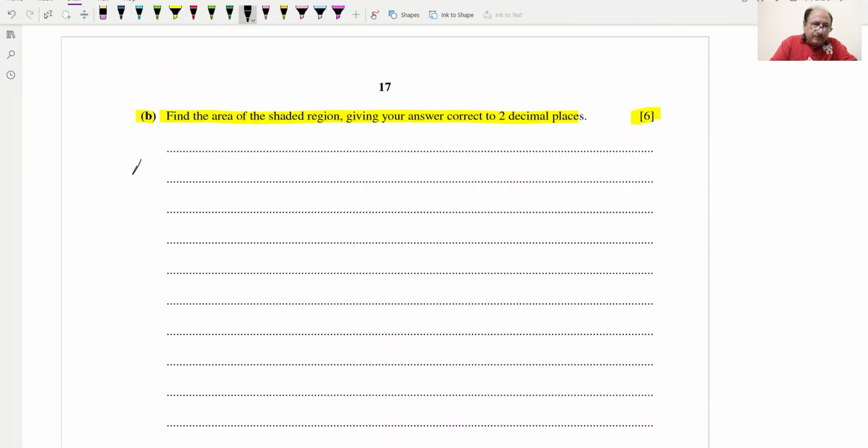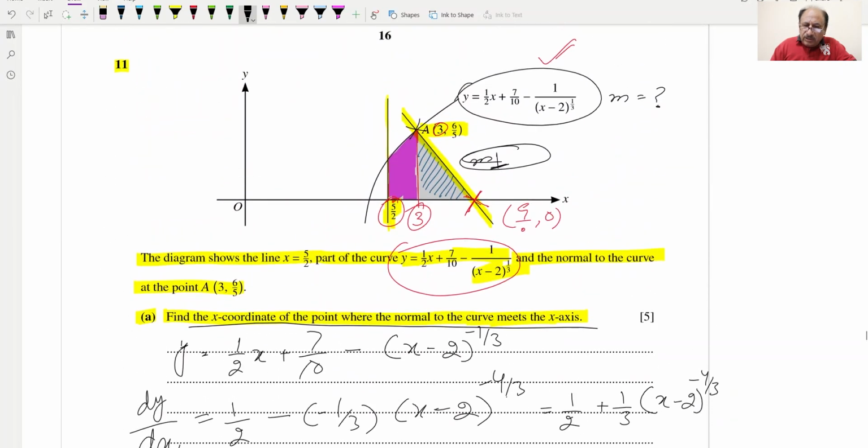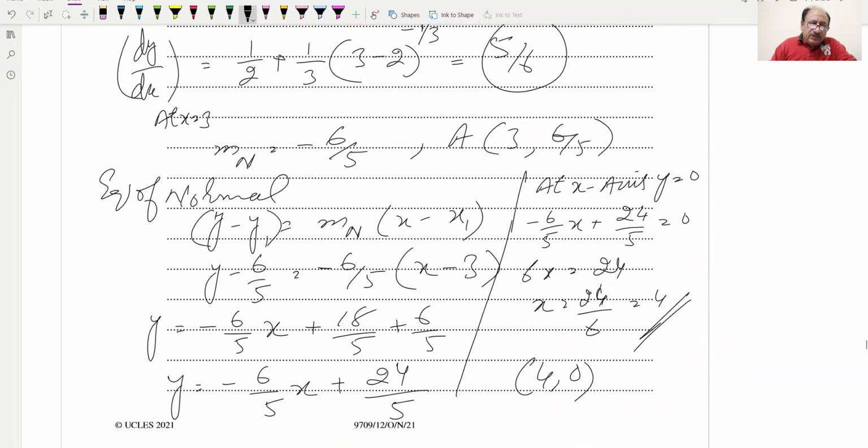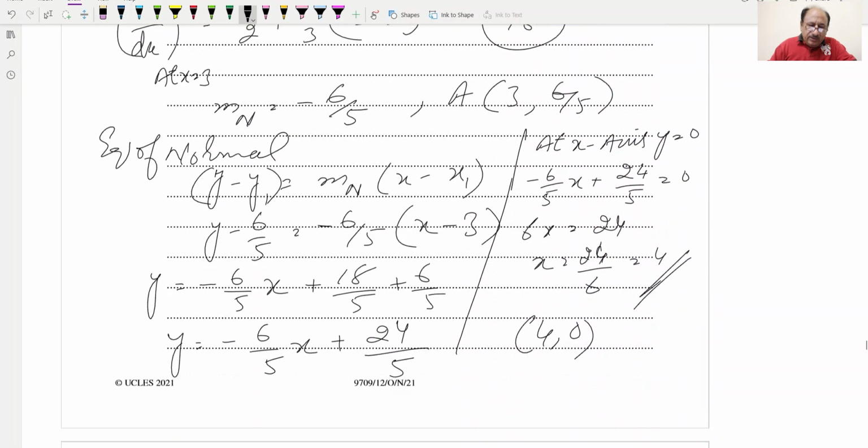So the area will be the area of the trapezium, like this one. So from x 5 by 2 to 3, we can take this one as a1, and this one as a2, and these two areas we will be adding later on.